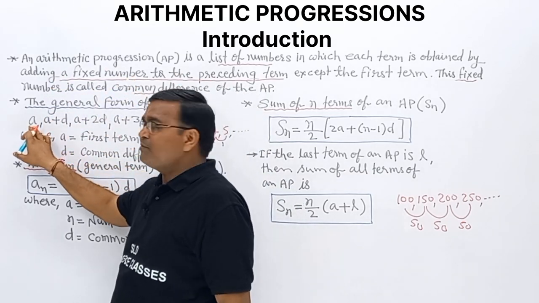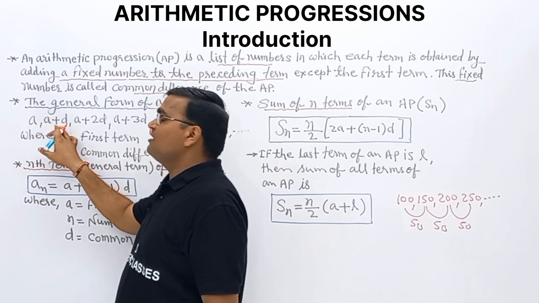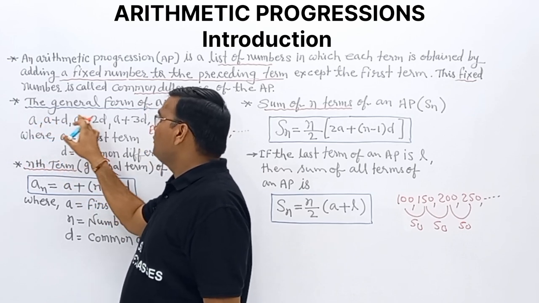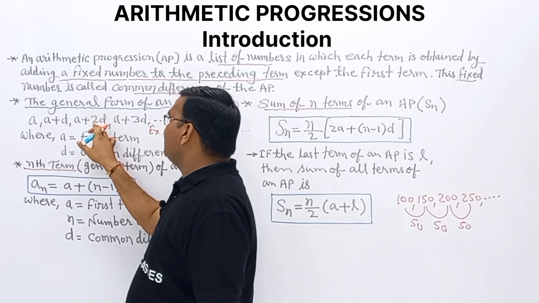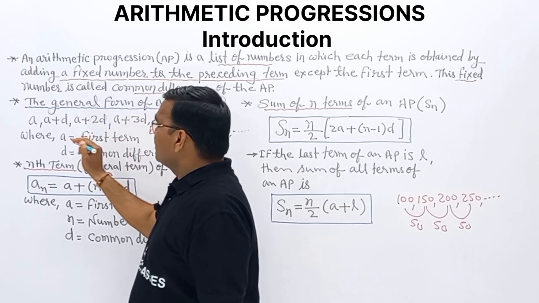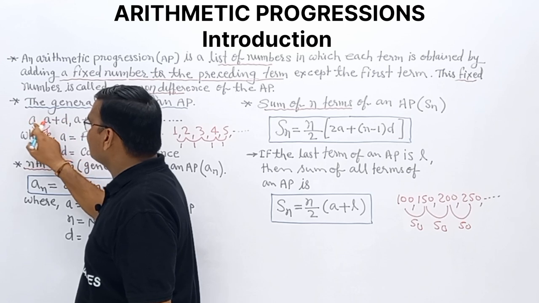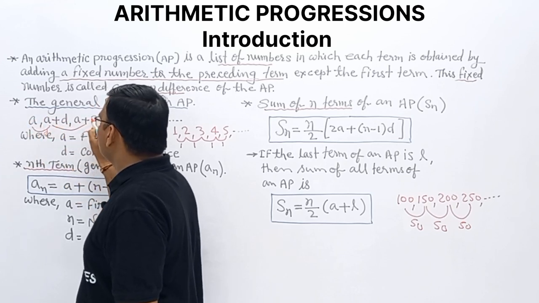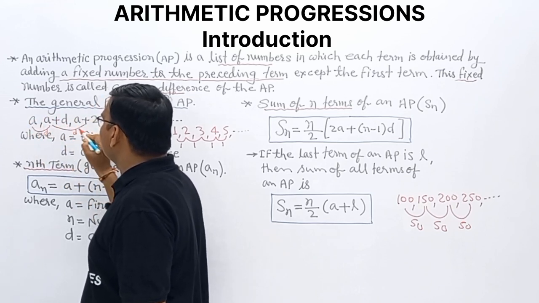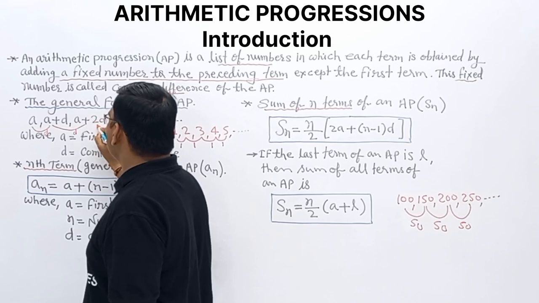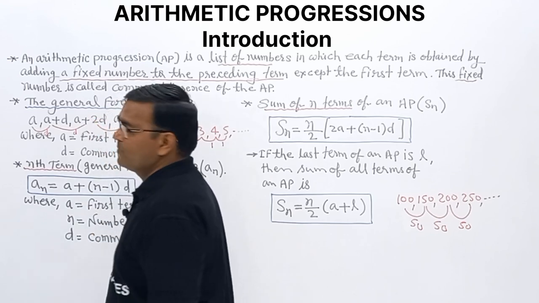This is the first term, we are adding D, we are getting this one. We are adding D, we are getting this one. We are adding D, we are getting this number. So the fixed number we are adding is D. This minus this, the common difference is D.